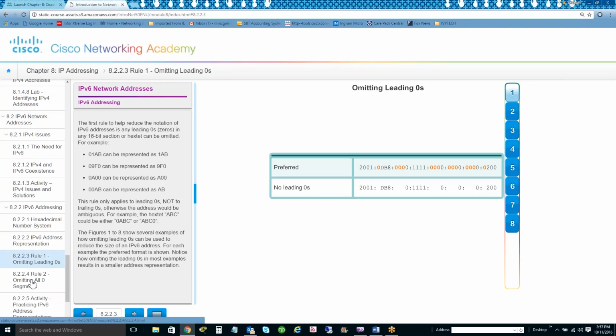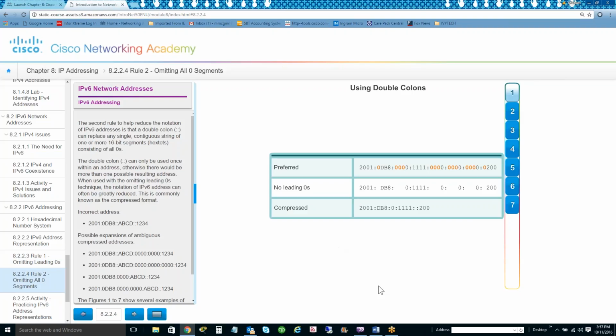Rule number two is that you can get rid of any hextets of all zeros by just having a double colon. So in this example, we have a double colon right here that eliminates all the zeros that are piled up right here.